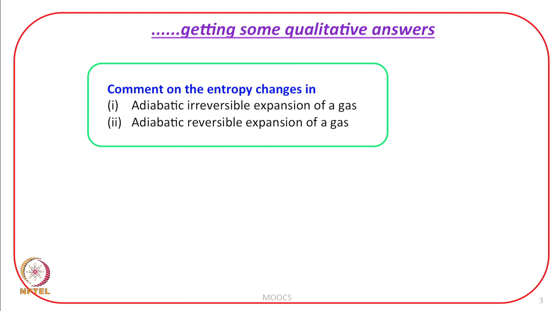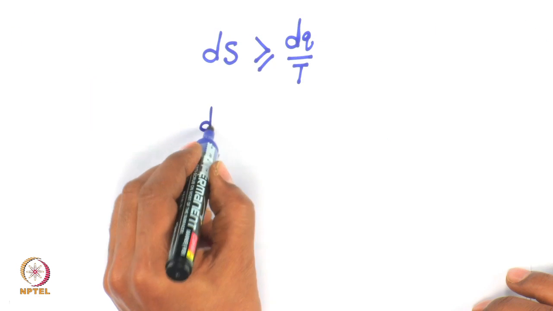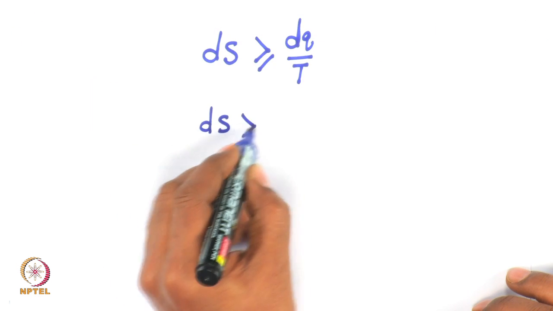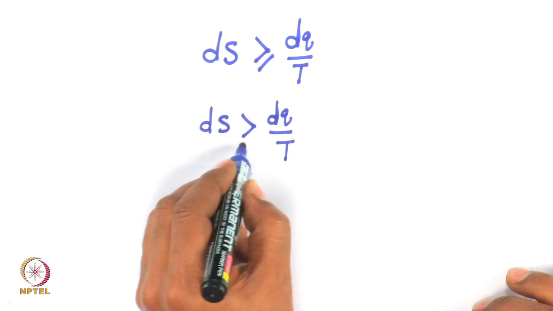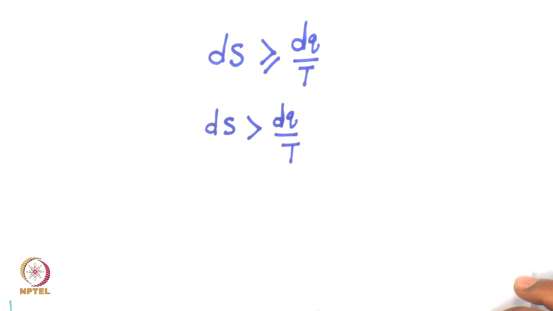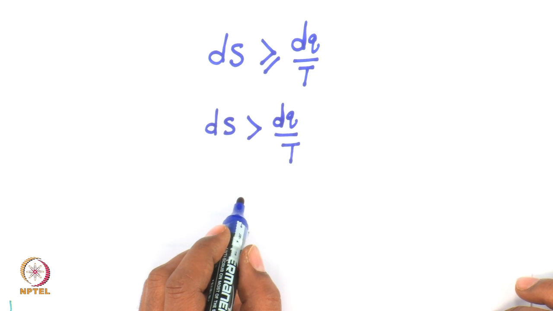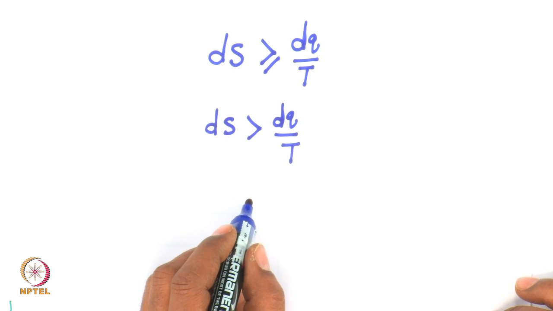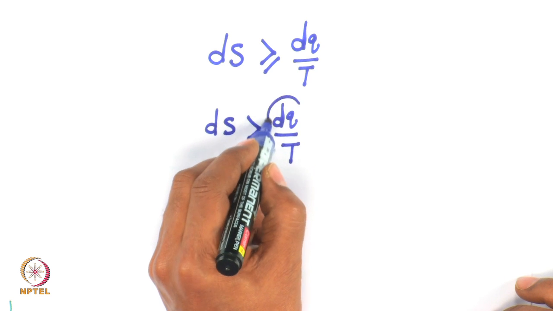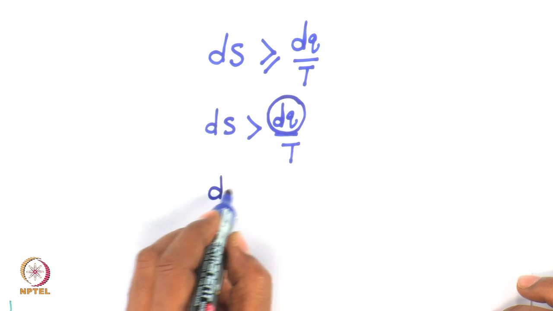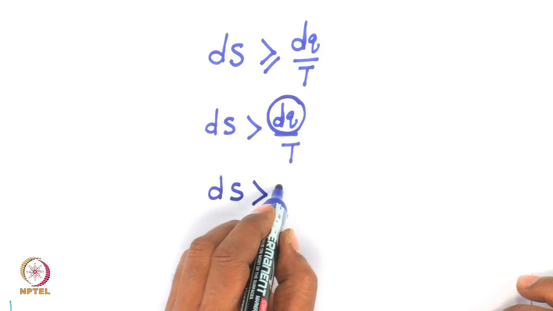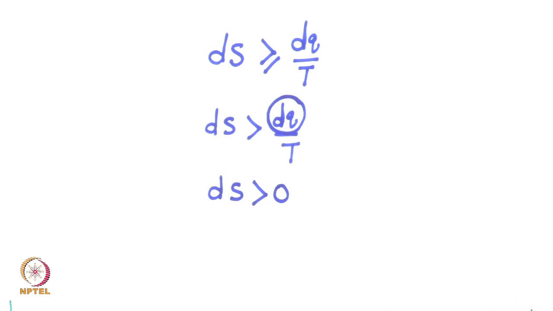Irreversible means I will use the greater than sign. So, dS is greater than dq by T, and since the process is also adiabatic, dq has to be 0, no exchange of heat between system and surroundings. So, the answer is dS is greater than 0, because dq is 0.